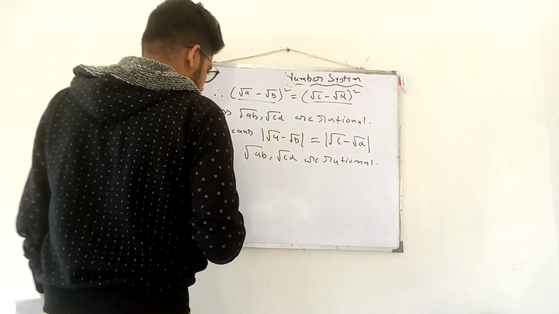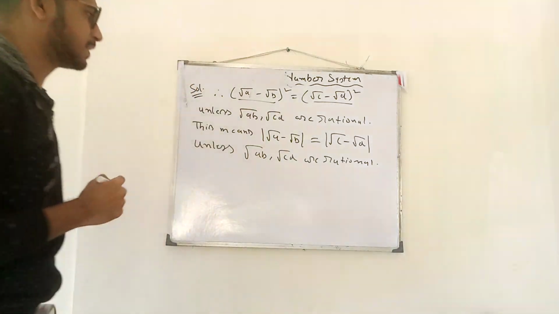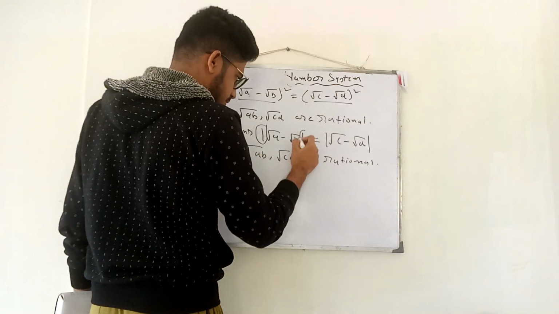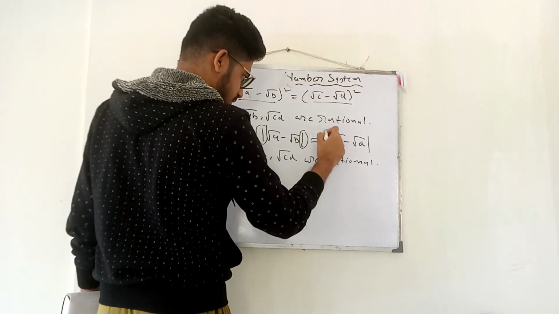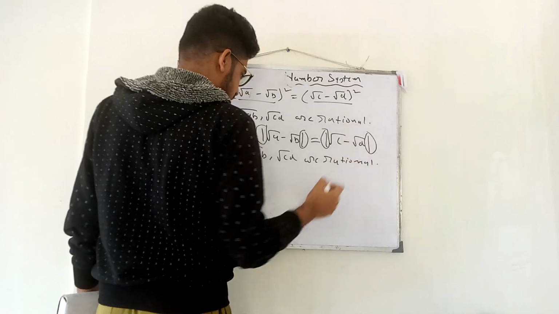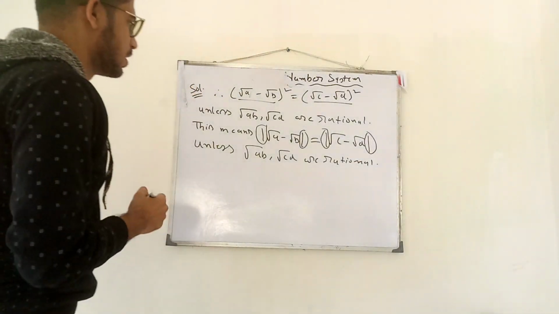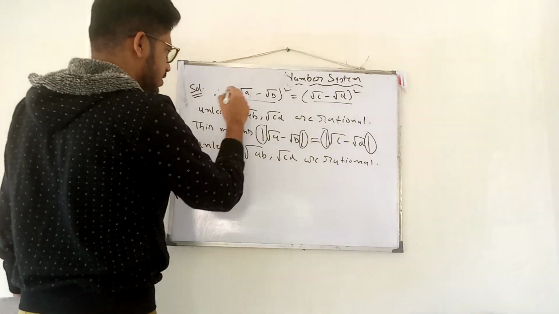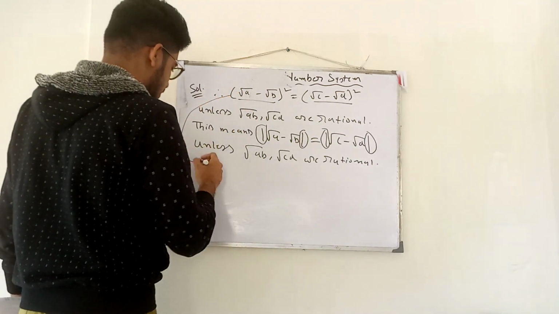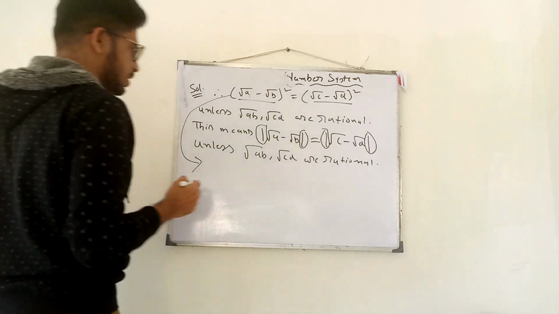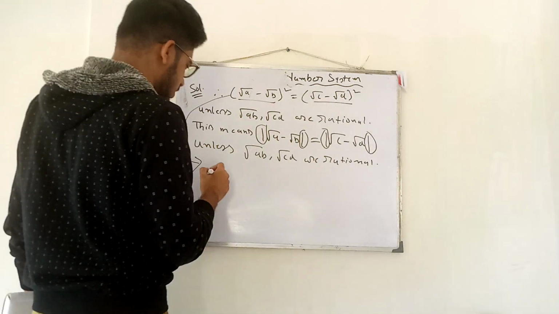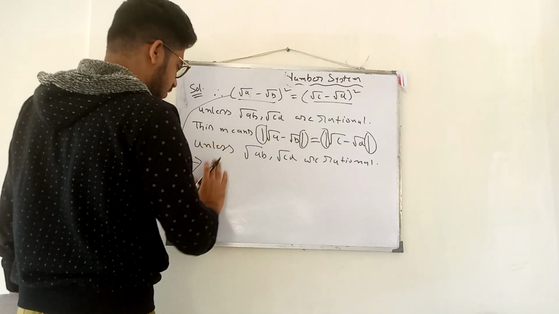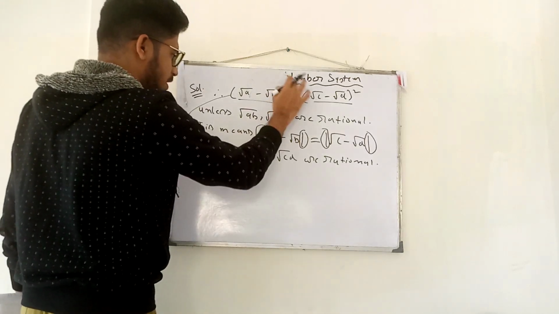Okay, what is the meaning of this value? Here this means the modulus. After giving the modulus, the square is absorbed.